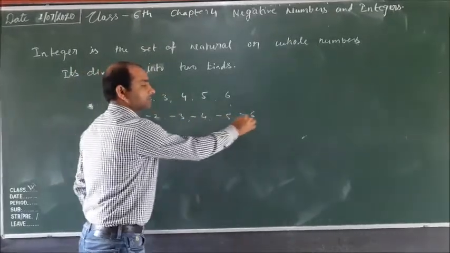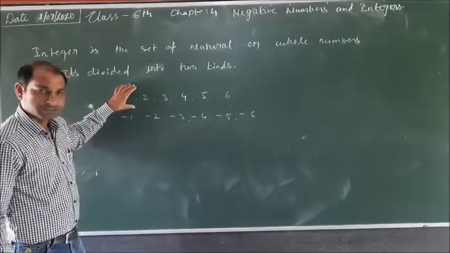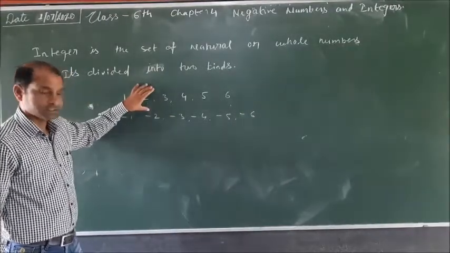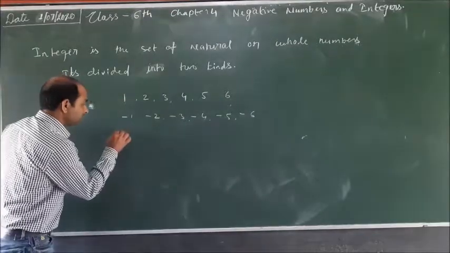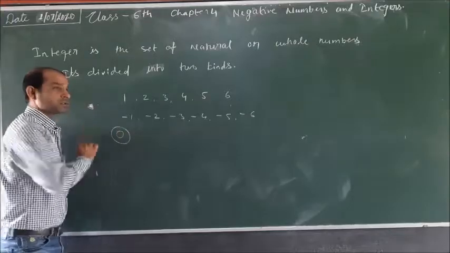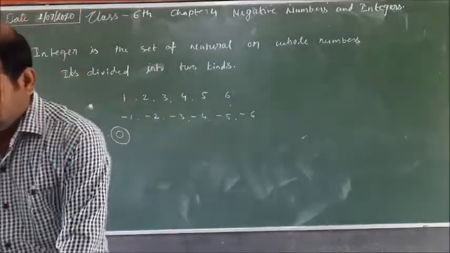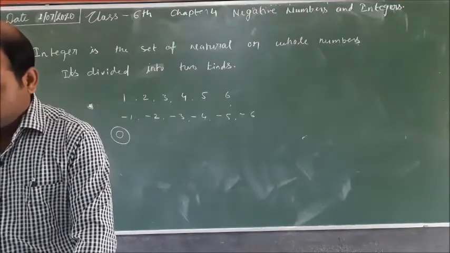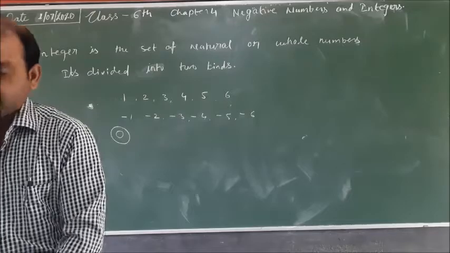All these numbers are negative integers. This is positive integers and this is negative integers. But 0 is not a positive integer nor a negative integer.